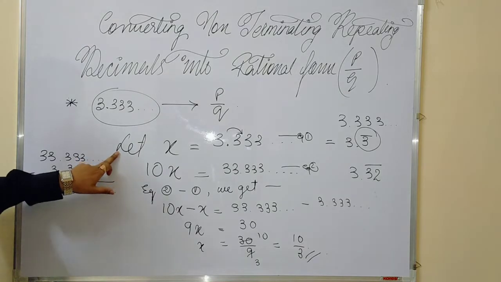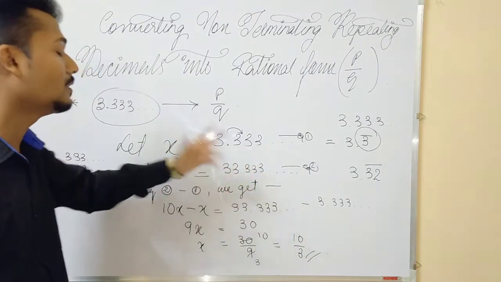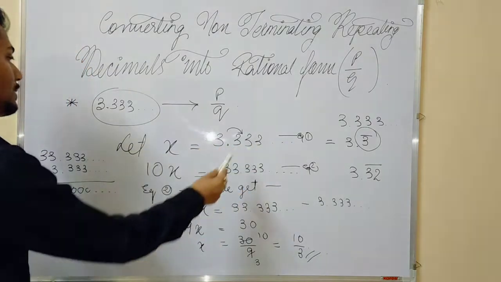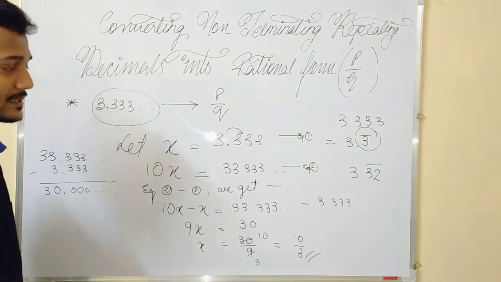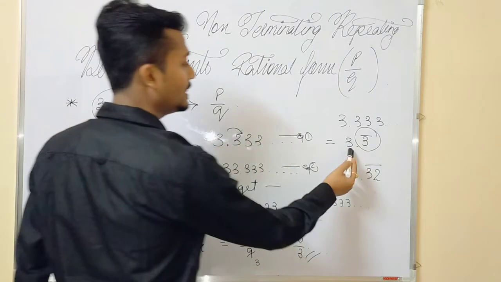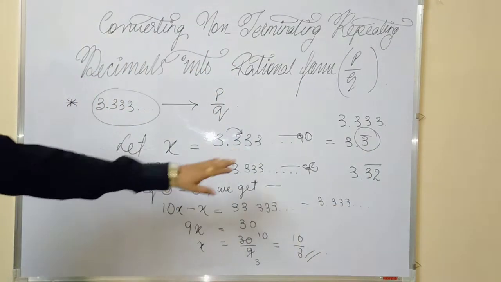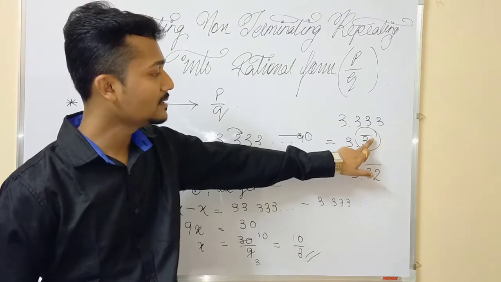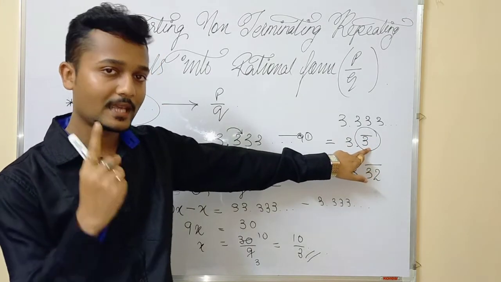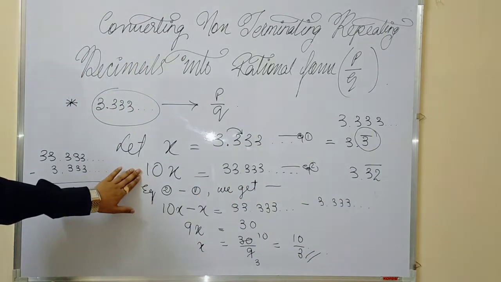We are going to represent it in the form of p by q. So what will we take? We will take x to be 3.3 bar, or 3.333. Now, the bar is over how many numbers? It is over one number, isn't it? That's why we are going to multiply it with 10.